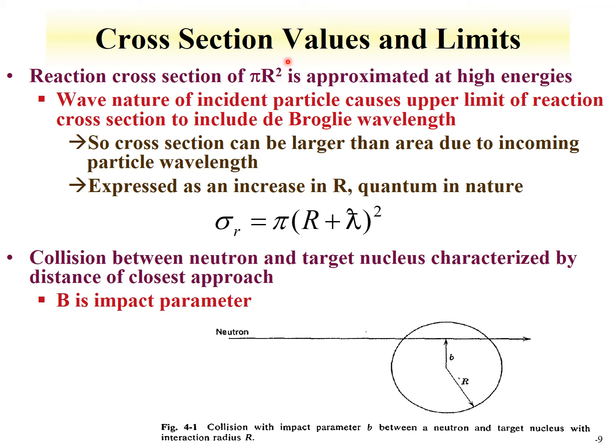Well, this pi r squared cross-section, which is fundamentally close to a barn, is approximated at high energy. However, the wave nature of particles has an upper limit of reaction that includes the de Broglie wavelength. So fundamentally, this equation, pi r squared, can go to pi times r plus the de Broglie wavelength, squared. So the cross-sections can be larger due to incoming particle wavelength.